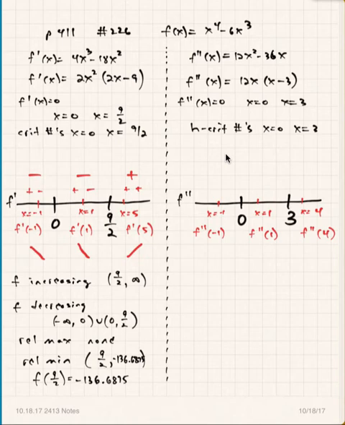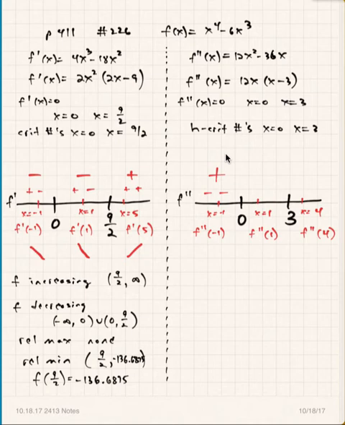All right, so now let's finish up our analysis of the second derivative. So f double prime at -1. Now you're going to the second derivative and analyzing the signs of the second derivative. Again, I'm looking at the factored form, 12x times x minus 3. So when x is -1, the first factor is negative and the second factor is negative, so the second derivative is positive.